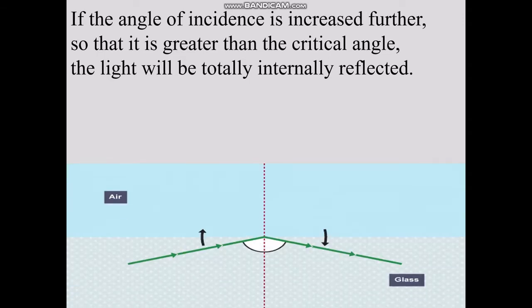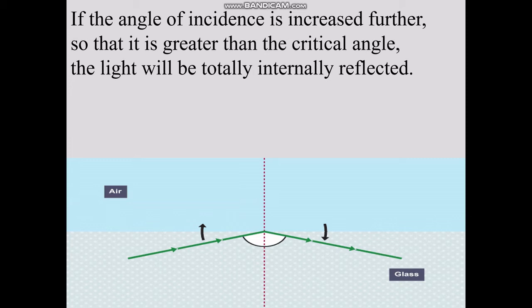Now, if the angle of incidence is increased further so that it is greater than the critical angle, the light will be totally internally reflected. What it means is that when you had i equal to ic, then r was 90 degrees.